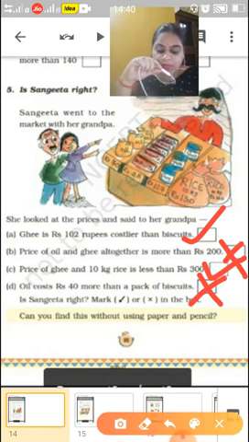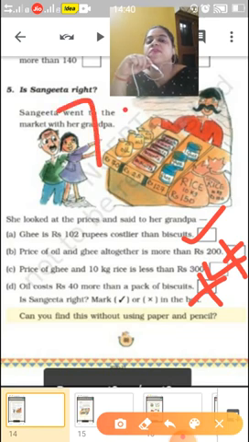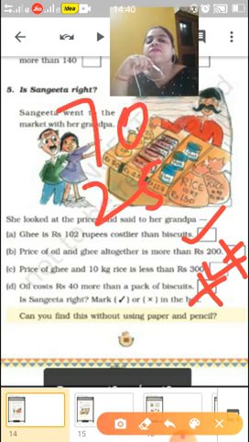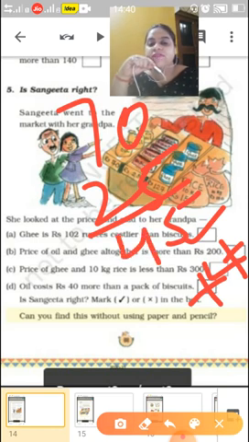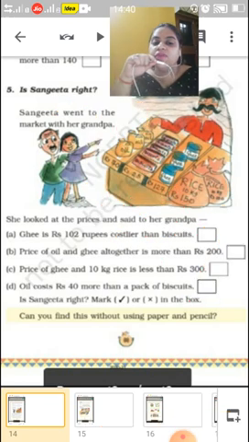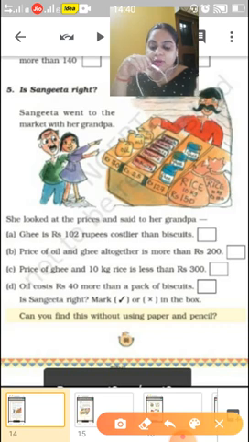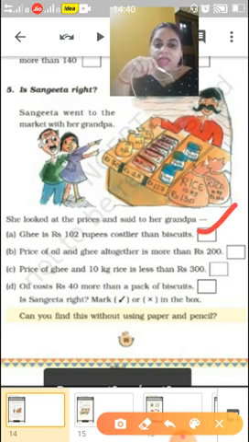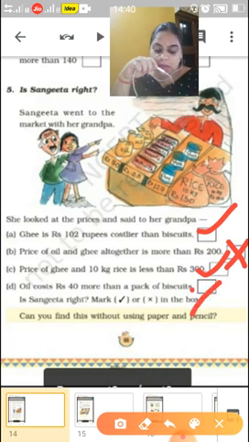Not 40 rupees more, because biscuit is 25 rupees and oil is 70 rupees. So children, if we subtract 70 minus 25, that will be 45. So oil costs 45 more. So that's why it is wrong. Understood? I hope it is clear to you. That is right, wrong, right and wrong.